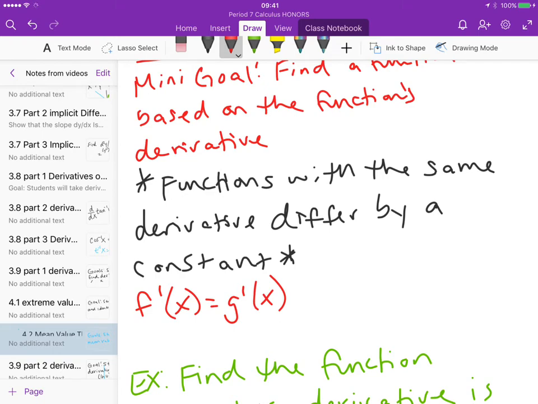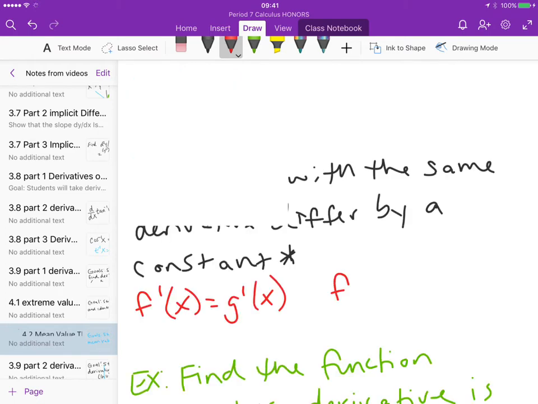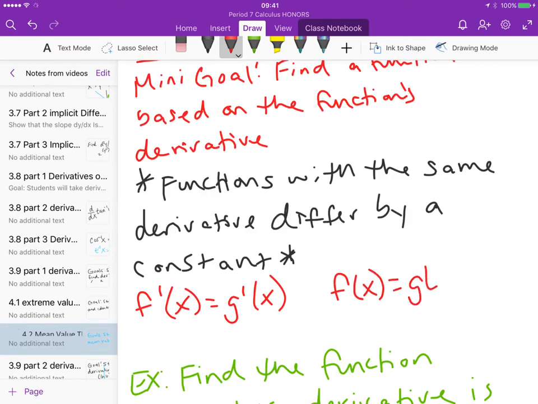The only difference between f and g is going to be the fact that there is some value, we'll call it c, that is being added or subtracted to one of the functions that make them somewhat different. Because if they were the same function, then they wouldn't be two different names, right? So there's just some constant that makes things somewhat different. So if it's like 2x plus 1 or 2x plus 3, the only difference is the constant itself, okay?